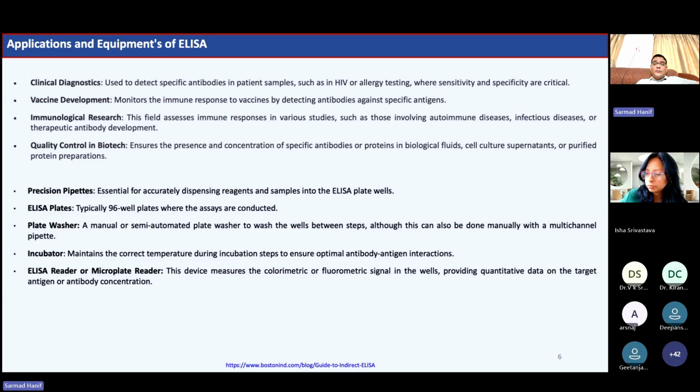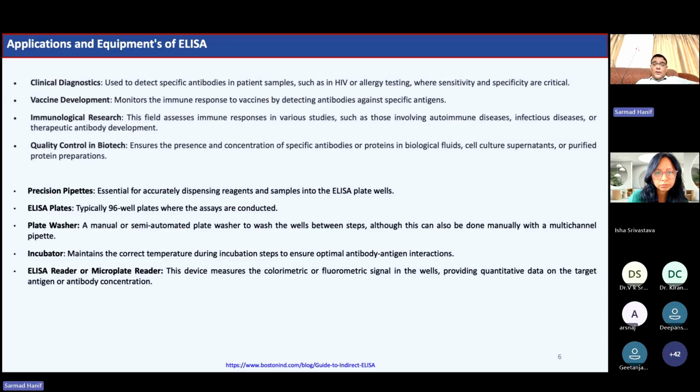Quality control in biotech, obviously you have to have quality control in place so that there are all the checks and balances once you are doing these assays. It ensures that the presence and concentration of these specific antibodies or proteins in the biological fluids, cell culture supernatants, or purified protein preparations are up to the mark.